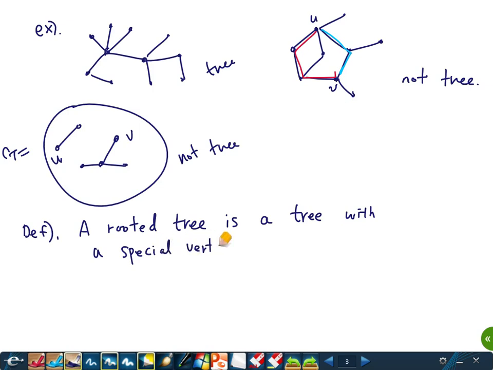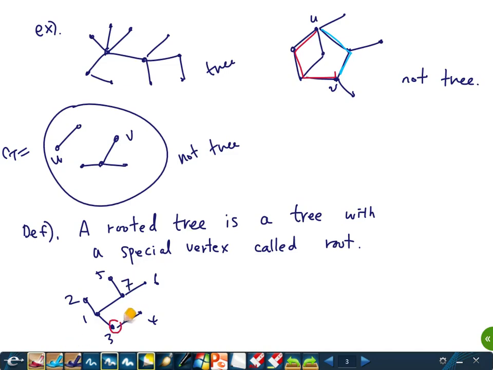It's called the root. So it's like this. Let's say we have 1, 2, 3, 4, 5, 6, 7, things like that. And I'm going to specify this so that it's a root. So 3 is a root. Then we say that it's a rooted tree with root 3.